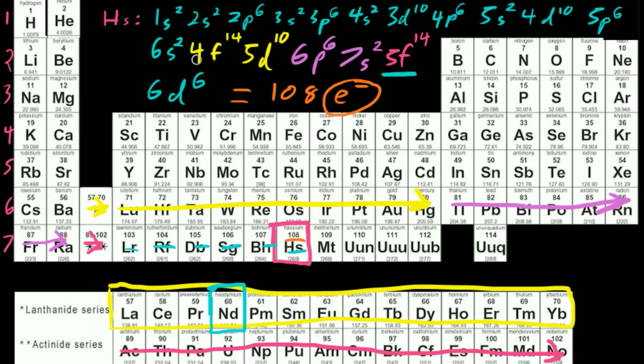But the big thing you should be able to do after this is fill in the electron configurations for elements in the P block and also in the D block that are going to have F shell orbitals as part of the electron configuration.